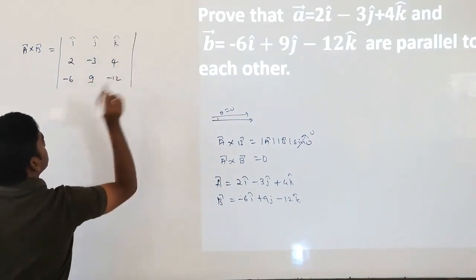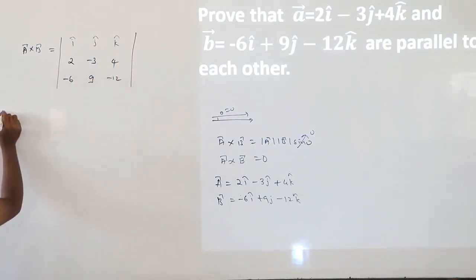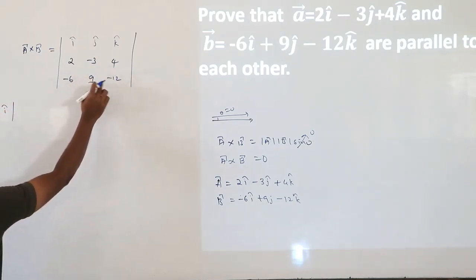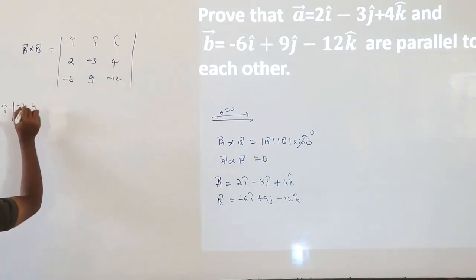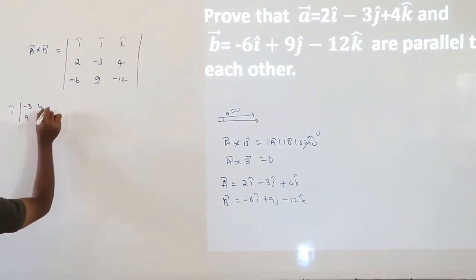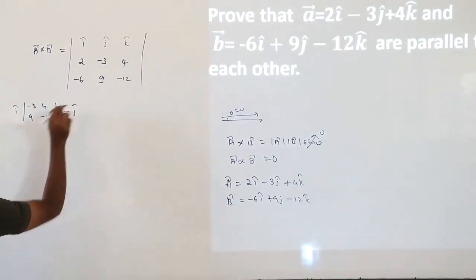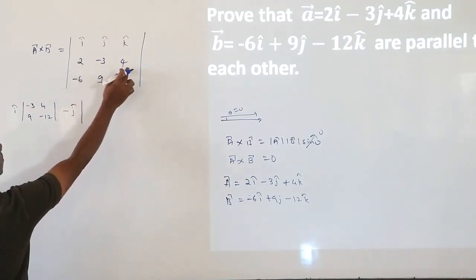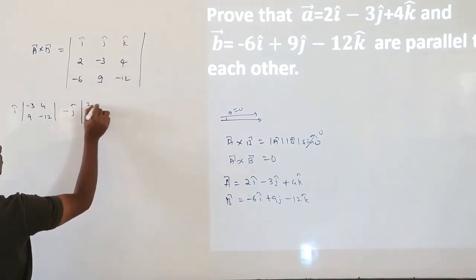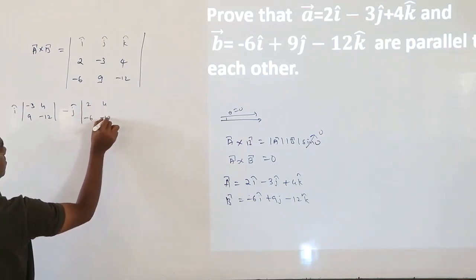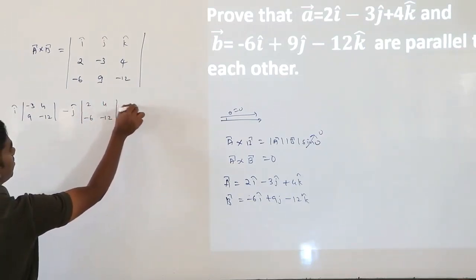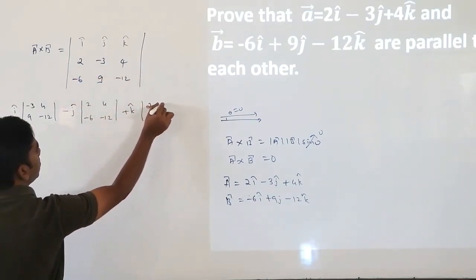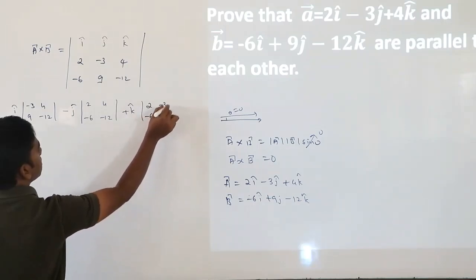For i cap, the determinant of minus 3, 4, 9, minus 12. Minus j cap, you have to take negative for the second one: 2, 4, minus 6, minus 12. Plus k cap: 2, minus 3, minus 6, 9.